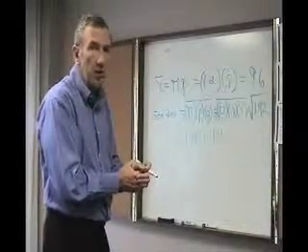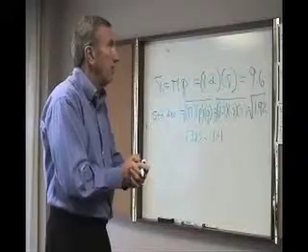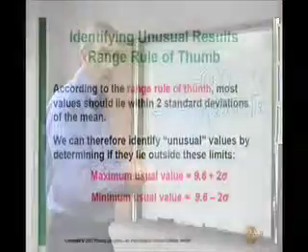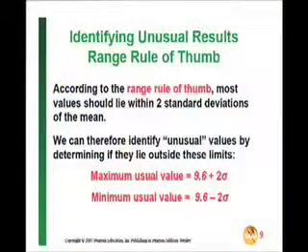Now we can go back and use our identifying on slide 9, identifying unusual results with the range rule of thumb. What are we going to do to identify unusual results? We're going to take the average, 9.6, plus 2 times 1.4, and the average 9.6 minus 2 times 1.4.